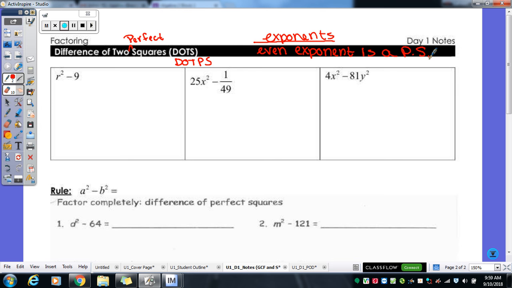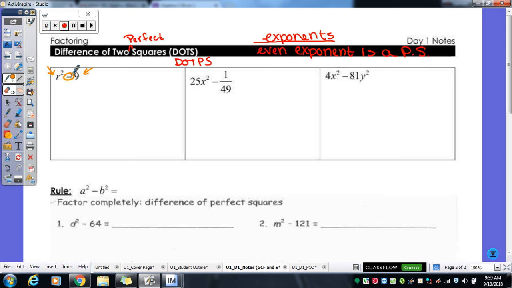So if we look at our first example here, as we just said, r squared, we already know that is a perfect square. Is 9 a perfect square? Yep, it is. It wasn't a trick question. 3 times 3, that's how we get 9. So 9 is a perfect square. The other thing is it needs to be a subtraction.